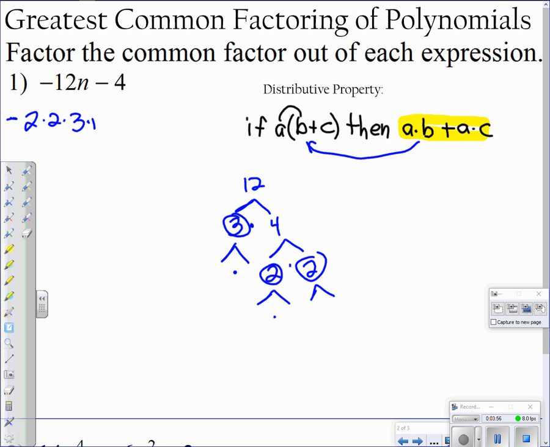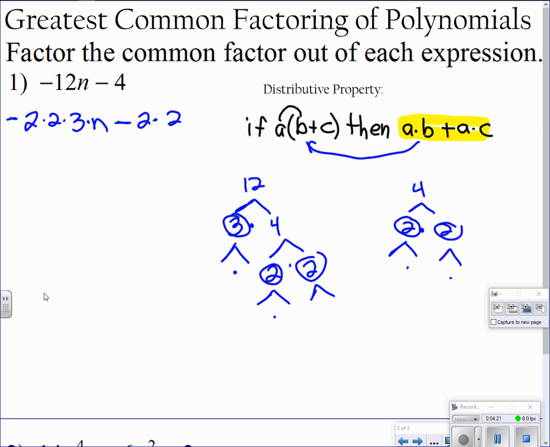And there is the negative 4. Factors of 4: can I use 1 or 4? I can use 2 and 2. A factor of 2 without using 1 or 2 cannot be done. They're primes, so this will be 2 times 2.